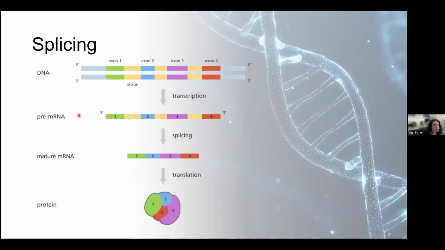In order for it to turn into a mature mRNA, it needs to undergo splicing, a process where the introns are lost and we're left only with the exons. So each of these introns will be lost and the exons will join one another and create the messenger RNA, which will then be translated into a protein.